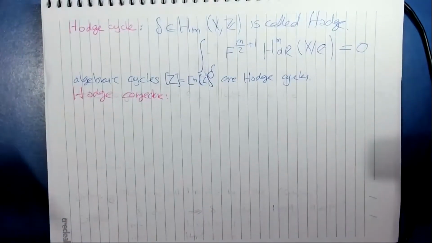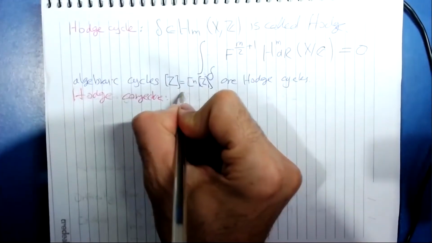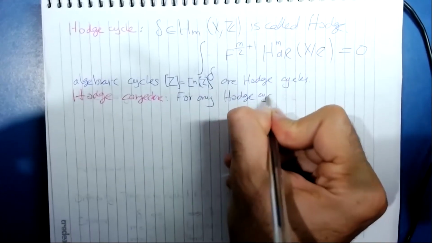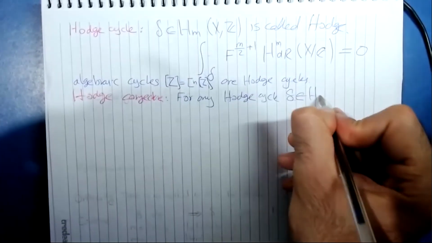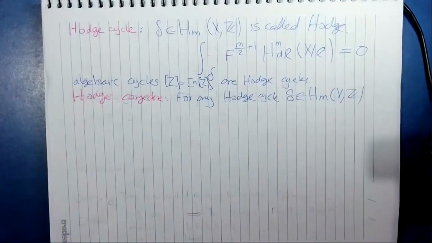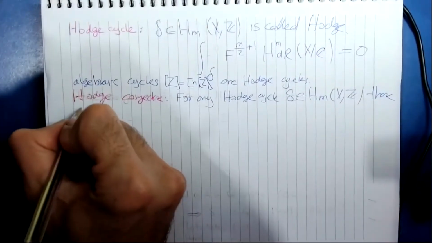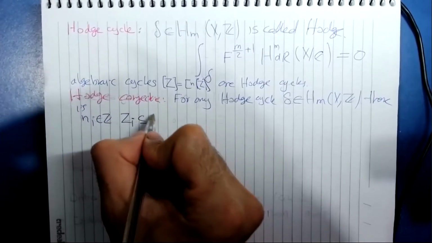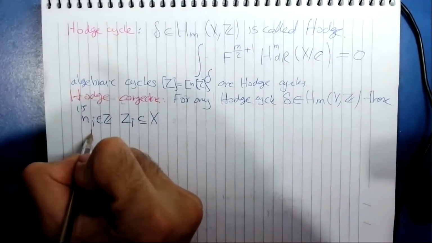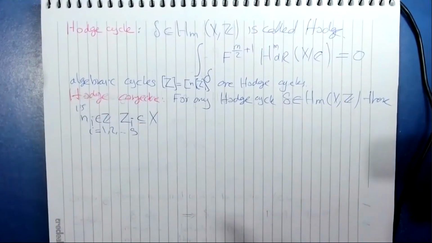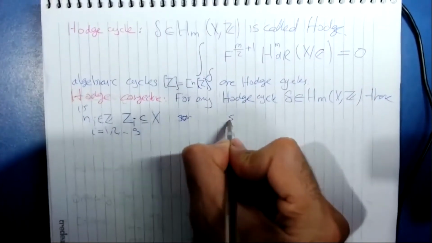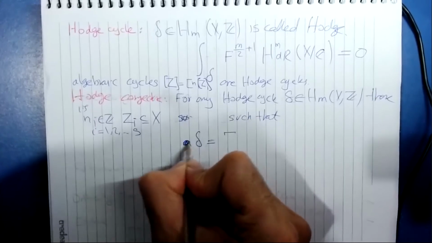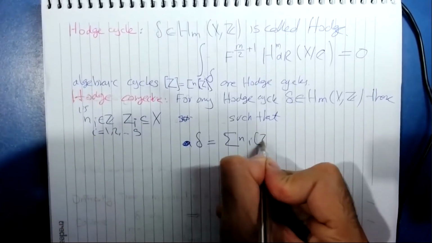So the first version of the Hodge conjecture is in this way: for any Hodge cycle delta in the homology H_m(X, Z), there are, let's say, N_i in Z and algebraic subvarieties Z_i inside X, let's say i equal to 1, 2, until S, such that delta is just, sorry, without A for the moment, is just the sum of N_i Z_i.